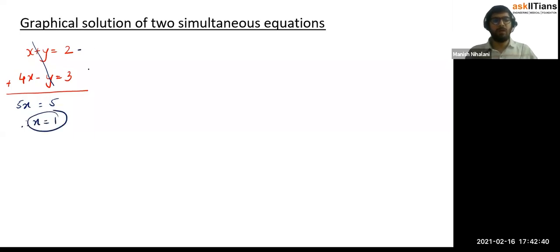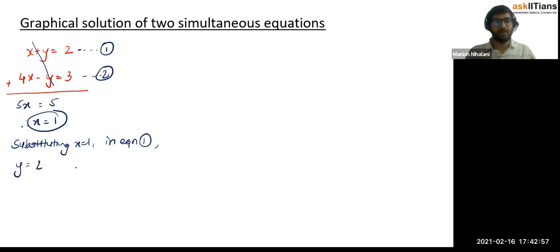Substituting x is equal to 1 in equation 1, we can clearly see that we will get y is equal to 2 minus 1, which is just 1. So x is equal to 1, y is equal to 1 is the solution of these two simultaneous equations.